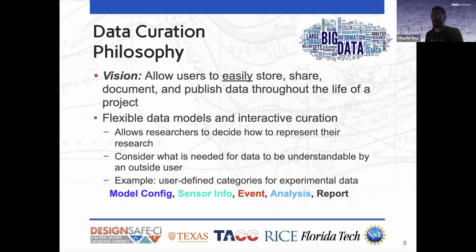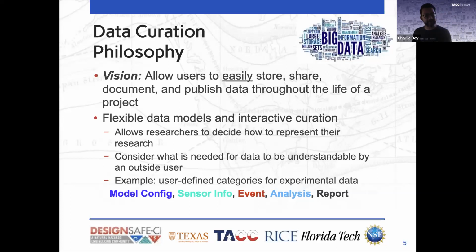And our models allow you to consider what's needed for your data to be understandable by an outside user. So if I'm coming in and looking at your data for the very first time, the data model and the curation process should focus on what's important in your data set, so that I will understand the story you're trying to tell.